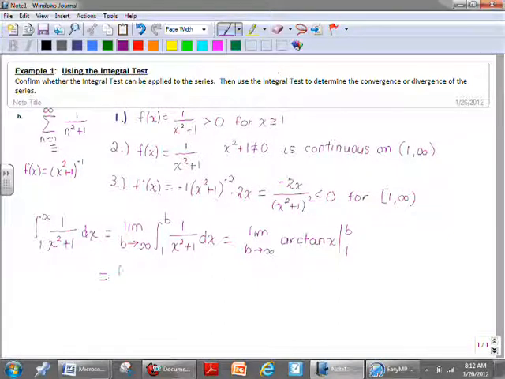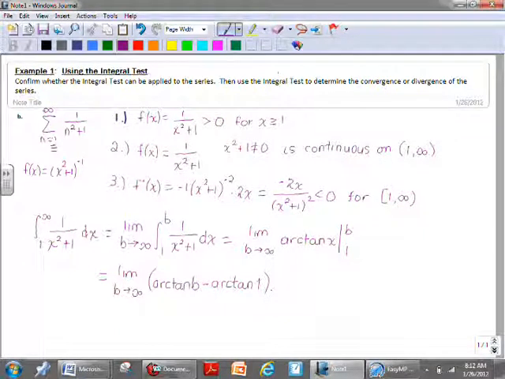Now remember, the limit statement is still out there waiting to do its job. And we insert b for x, and we insert 1 for x. And now we can entertain the possibility of plugging in infinity for b, I suppose. Can we indeed take the arctangent of infinity?